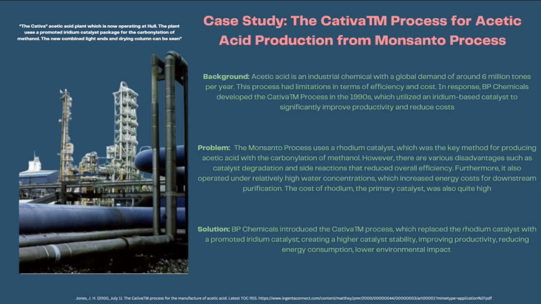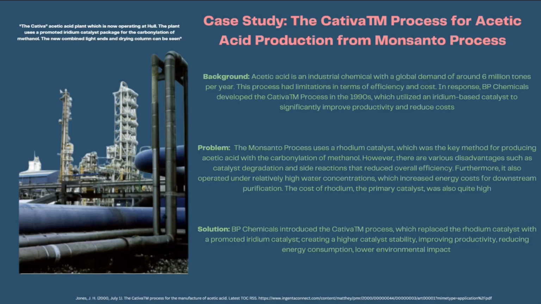Lastly, the process resulted in significantly fewer byproducts such as propionic acid and carbon dioxide, reducing emissions and simplifying purification steps. The first commercial plant using the Cativa process was brought online in 1995 in Texas City, USA. Following its success, other plants in South Korea, the UK, and Malaysia adopted the process.